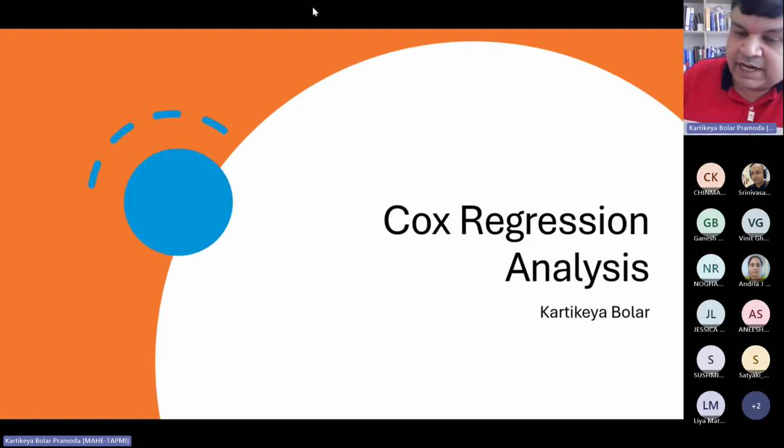Okay, so that's where survival analysis is the family of these particular techniques. So basically, Cox regression analysis has something to do with survival analysis, as well as because it's a form of a regression equation, that's why it's also called Cox regression analysis.